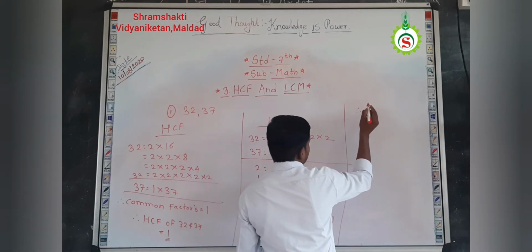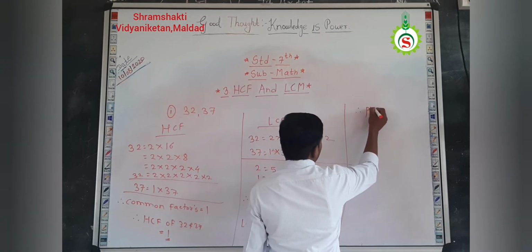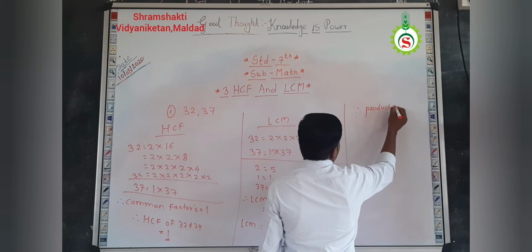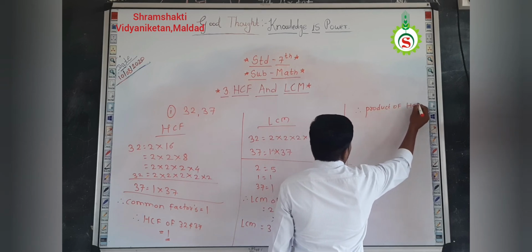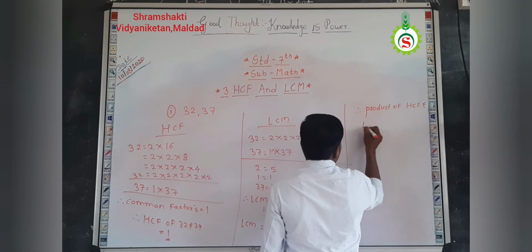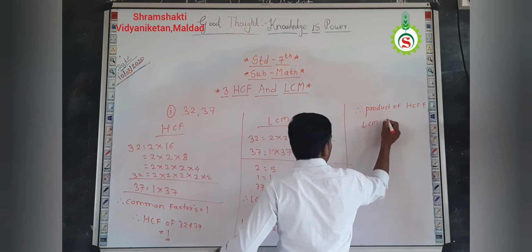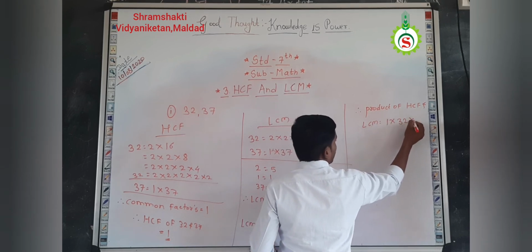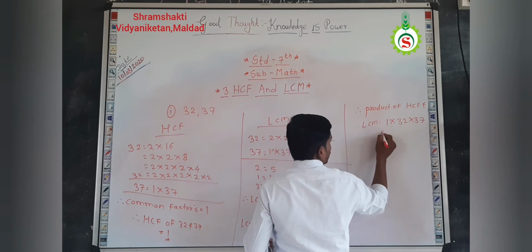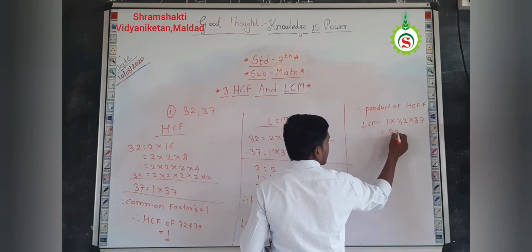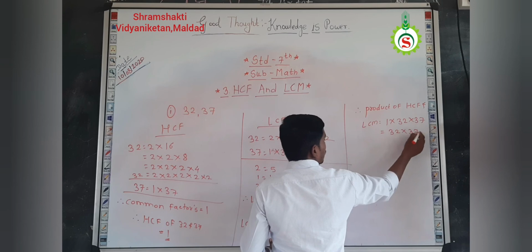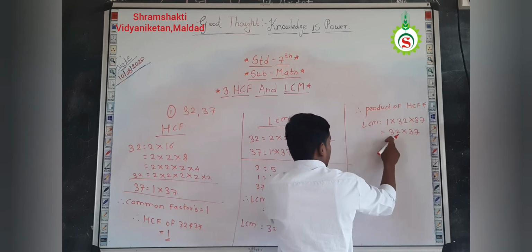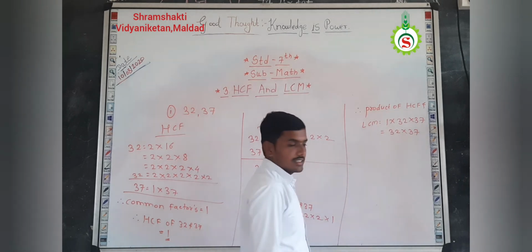So the last stage remains. What do you have to verify? The product of HCF and LCM is equal to, HCF is 1 and LCM is 32 into 37. So 1 into 32 is 32 again. So the product of HCF and LCM is 32 into 37.